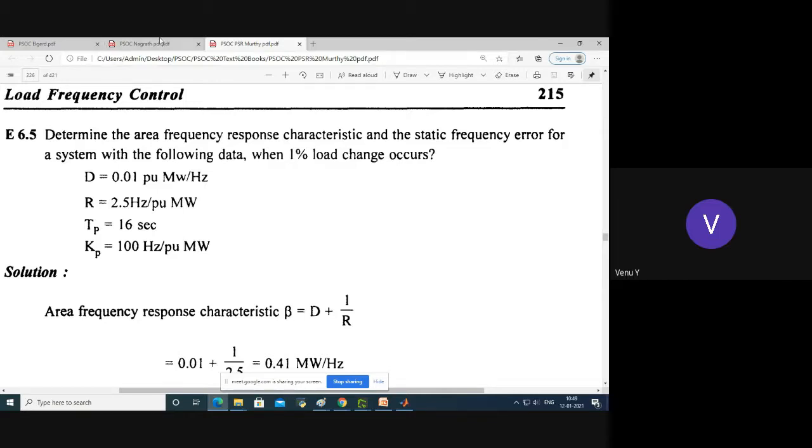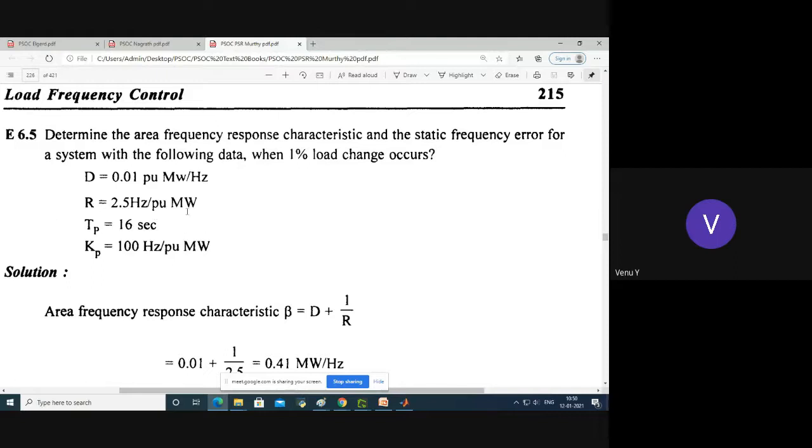The data is given as D, damping, equal to 0.01 per unit megawatt per Hz, that is dou PD by dou F. Droop R is equal to 2.5 Hz per unit megawatt.